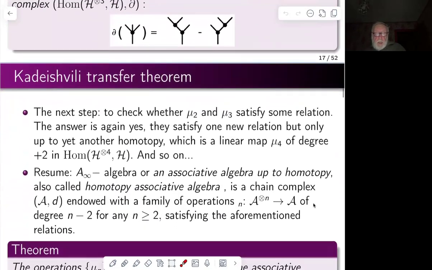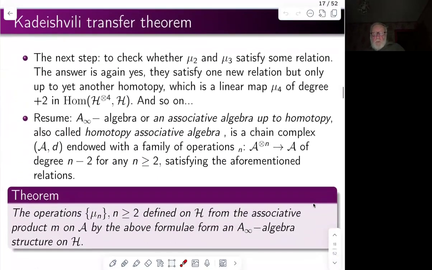So the next step was important, though it was done a long time ago. The Georgian mathematician Kadeishvili proved the so-called Kadeishvili transfer theorem. What did he do?